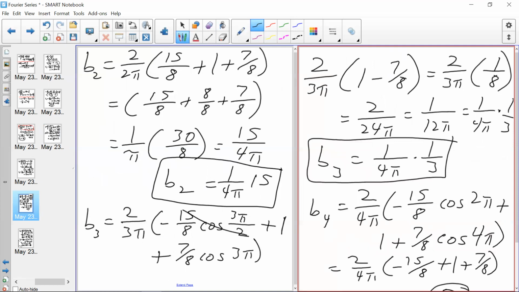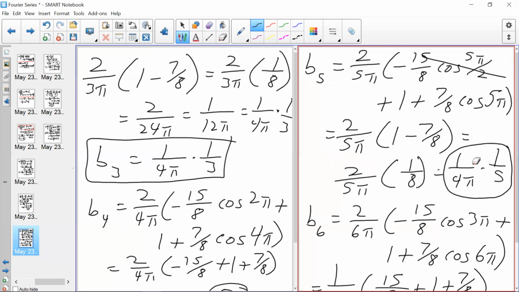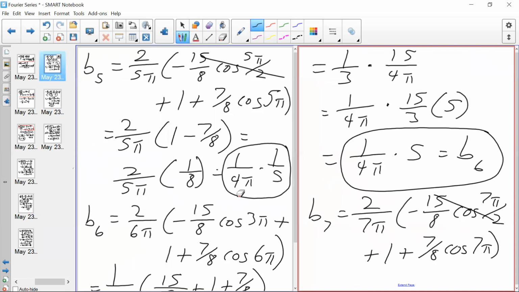B sub 4 is 0, so we skip that. We'll go to b sub 5, see how we can write the b sub 5 term. It's very simple. We can just say sine blah, blah, blah, blah, divided by 5, 1 over 4 pi. And then likewise with the 6th term, now b sub 6 right here, we can do the 30 over 6 pi type thing.